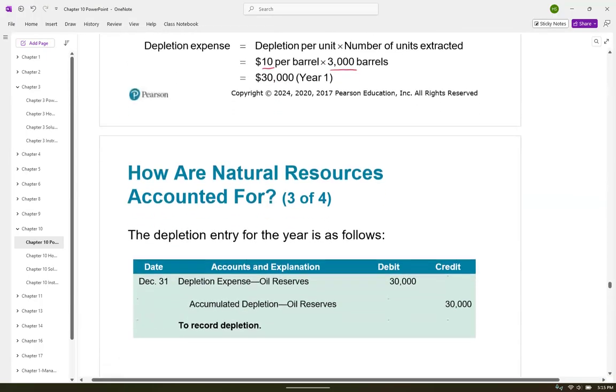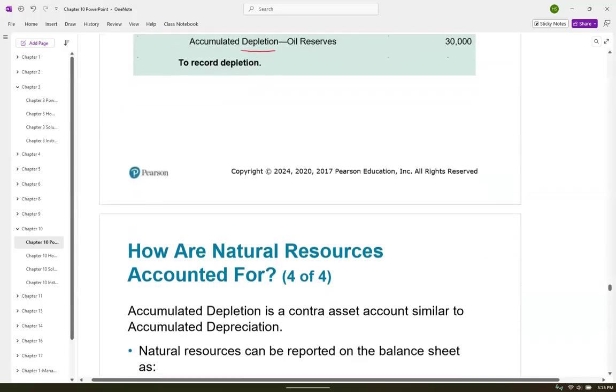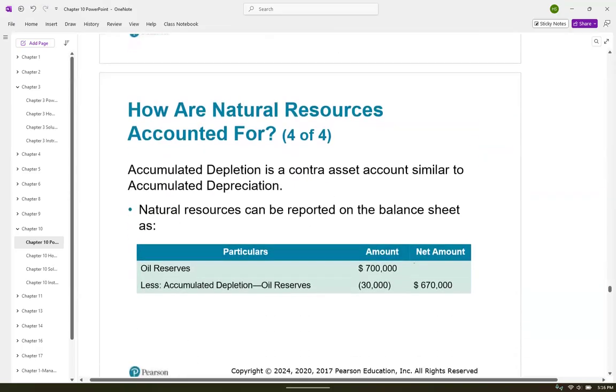Do they make the journal entry? Yes, they do. So journal entry, debit depletion expense and credit accumulated depletion. Accumulated depletion is just like accumulated depreciation. It is a contra asset with a normal credit balance. On the balance sheet, you will see oil reserves for the total 700,000 minus the accumulated depletion of the oil reserves of $30,000.